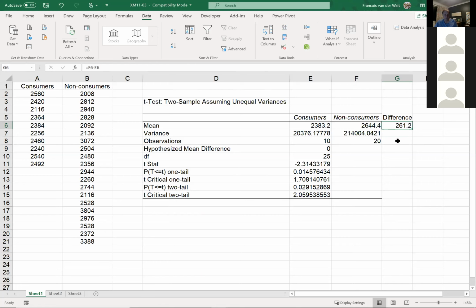So I calculate that difference. Now I want to calculate an upper confidence limit and a lower confidence limit. Now the upper limit is this difference. Let me just think about it.